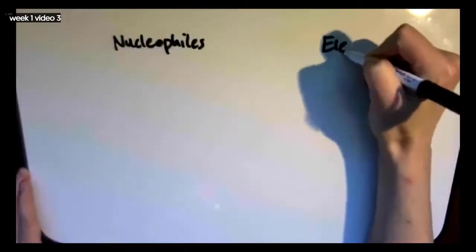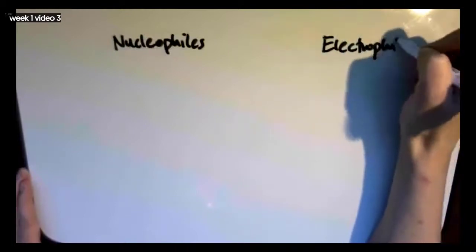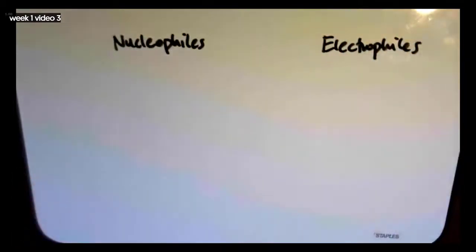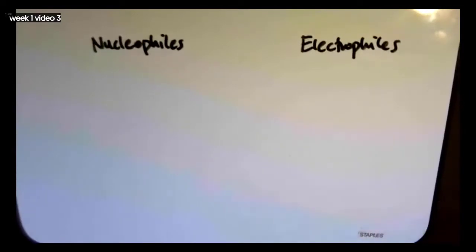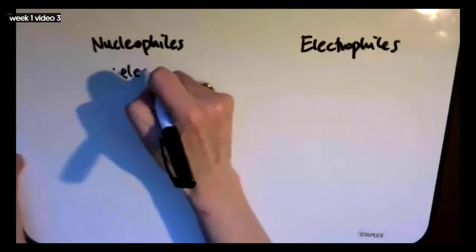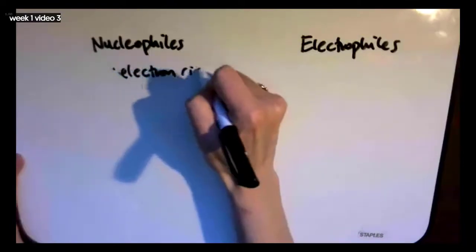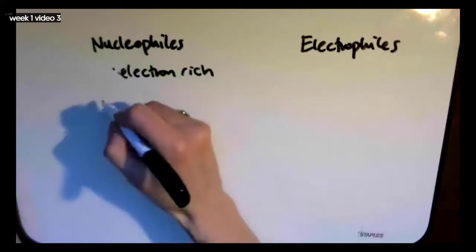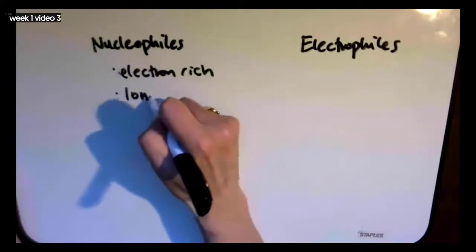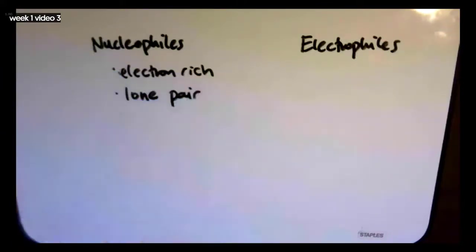if I think about my nucleophiles and my electrophiles, right? Nucleophiles are inherently electron rich, right? Usually there's a lone pair of electrons that's available to donate to some electrophilic partner, right? So they usually have a free lone pair or nucleophilic electrons in general.